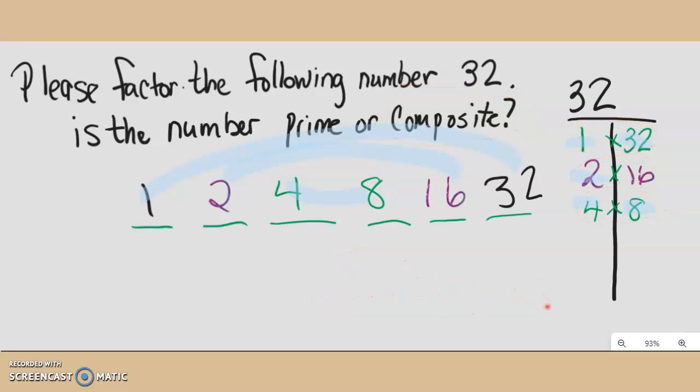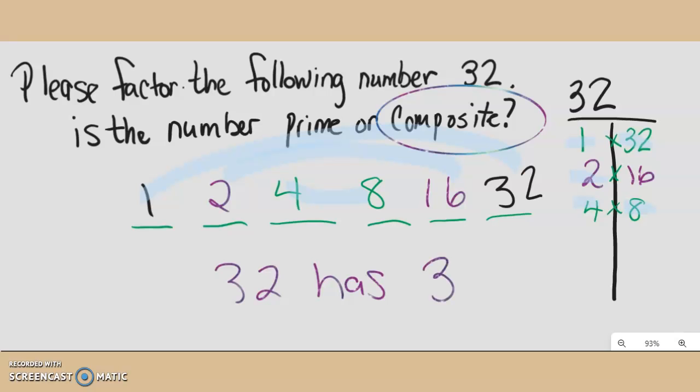If it only had 1 factor pair, then it would be prime. But this is composite. 32 has 3 factor pairs. All right, so that is that.